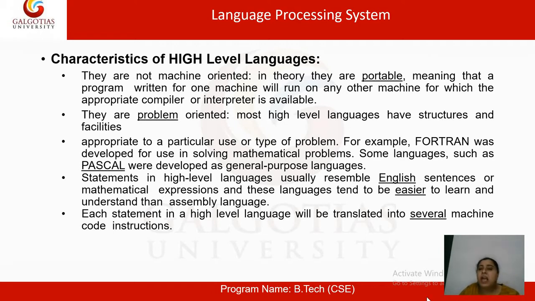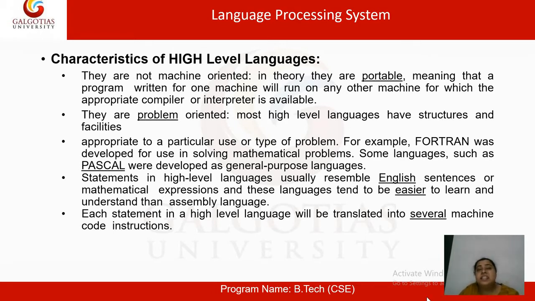You have MATLAB also there, which is used for solving mathematical problems. Then we have Pascal, we have Python, we have C, C++, which are developed as general purpose languages. So we have both the categories of high level language. One is specific for one kind of problem, and the other is general purpose.